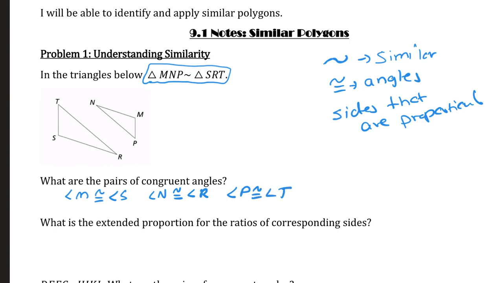To state sides that are proportional, you can also follow the statement. So I'm going to read up there.